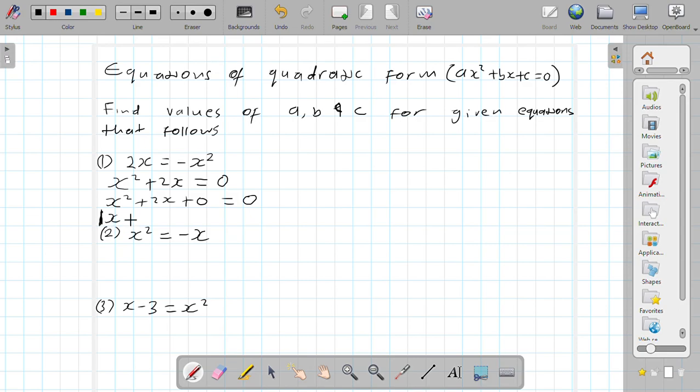Therefore, you'll have 1x squared plus 2x plus 0, which is equal to 0. Therefore, from here, we'll have a being equal to 1, b being 2, and lastly c being equal to 0.